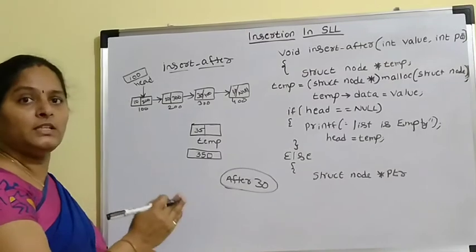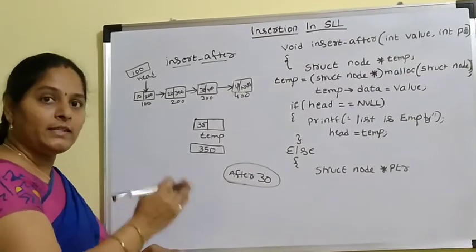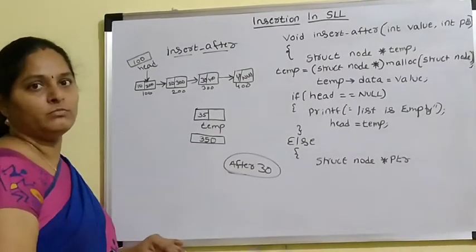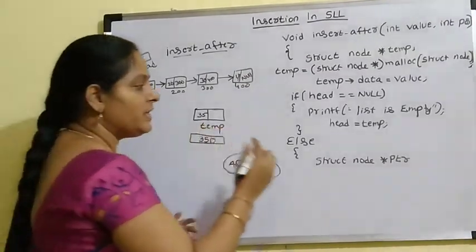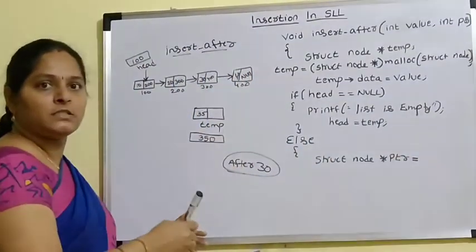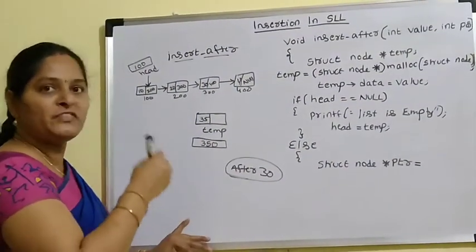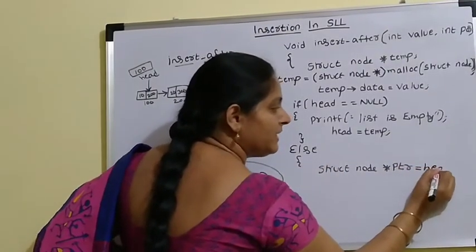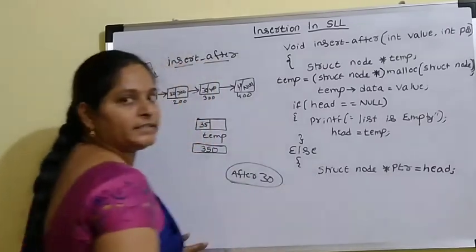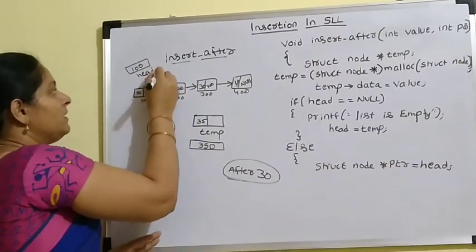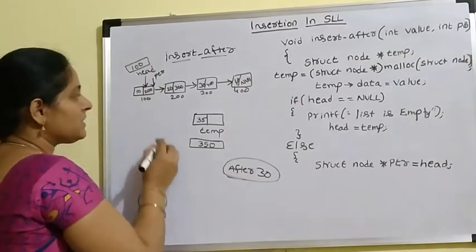Whenever we find the node 30, then immediately after 30, we need to insert our temp node. So that is the logic. Initially we need to start traversing from the first node. That is the reason why I am assigning the head address to ptr. Now what is the address of ptr?